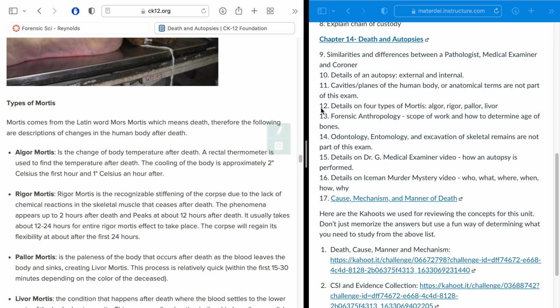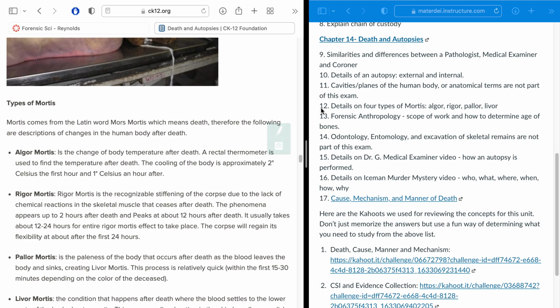After about 6 hours, it says about 2 hours, but you know, there's a range in there. The body's nice and flexible for several hours right after death, but then all of the muscles are going to start to do their thing. They all contract at the same time. All of our muscles work in opposing fashion, right?